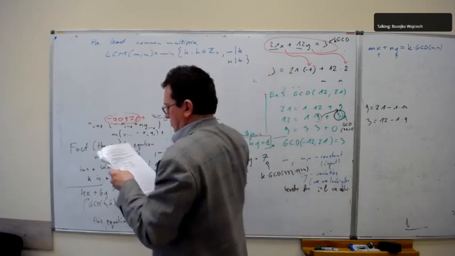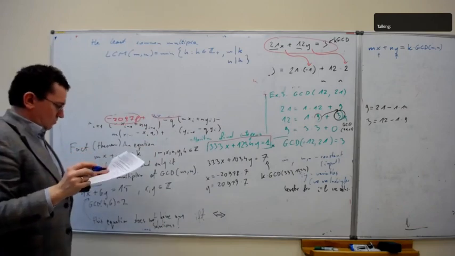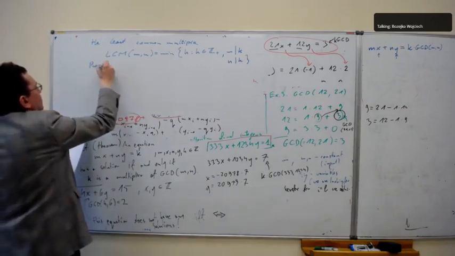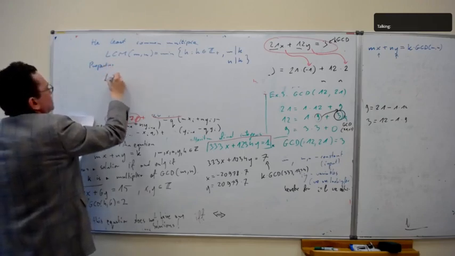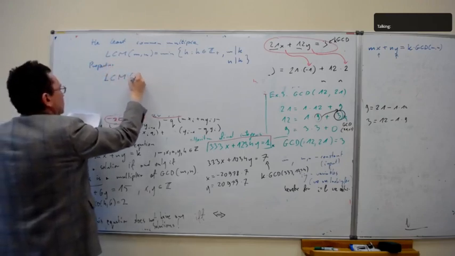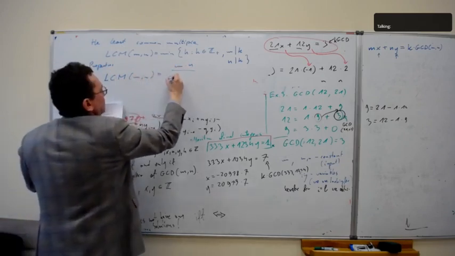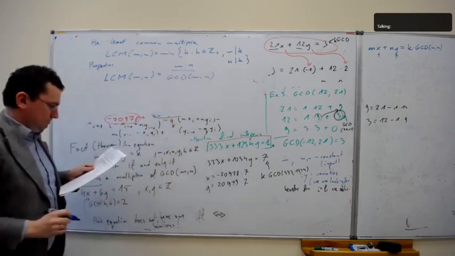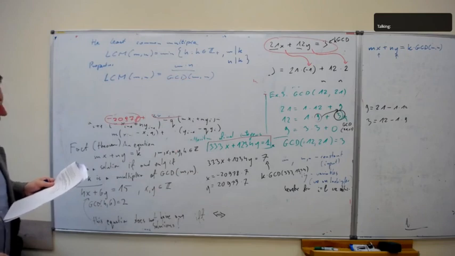Some properties, maybe. The least common multiple of m and n is m times n divided by the greatest common divisor of m and n.